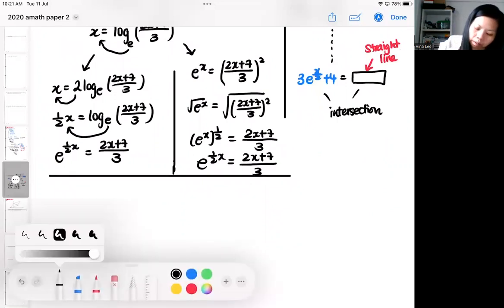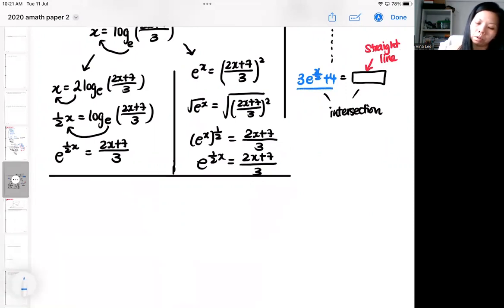And then subsequently, whichever method you use, you are going to try to get your graph equation. You look at your graph, you need a multiplication of 3. If you need a multiplication of 3, you can multiply 3 on both sides.